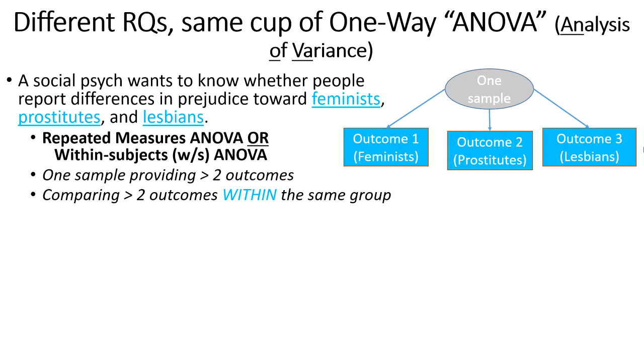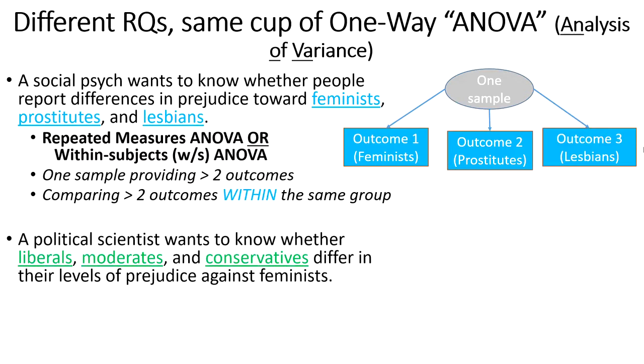All right, so let's move on to the other revised research question, where a political scientist wants to know whether liberals, moderates, and conservatives differ in their levels of prejudice against feminists. For this research question, now we are going to use a between subjects ANOVA. So we have within subjects, and now we have between subjects ANOVA.